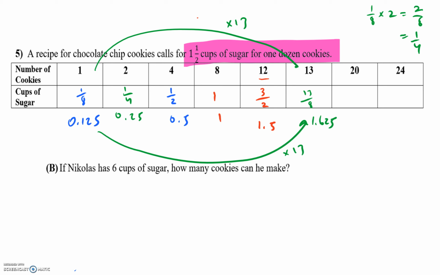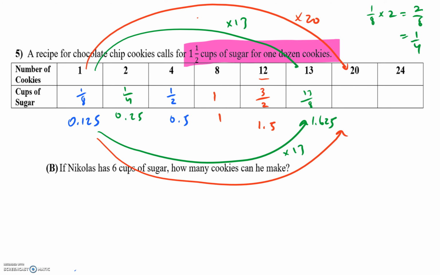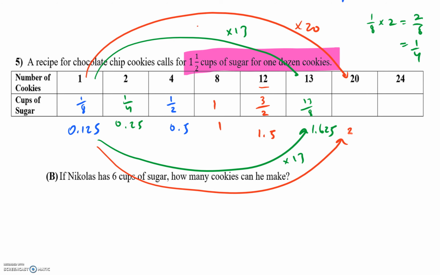To go from 1 to 20, 1 times 20 gives me 20. 0.125 times 20, that gives me 2.5. 1/8 times 20, that's 20 over 8. If I divide the top and bottom by 4, I'm going to get 5 over 2.